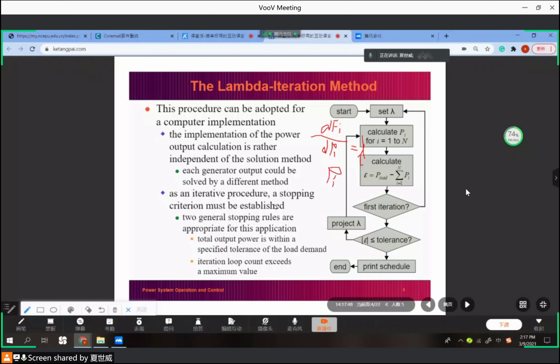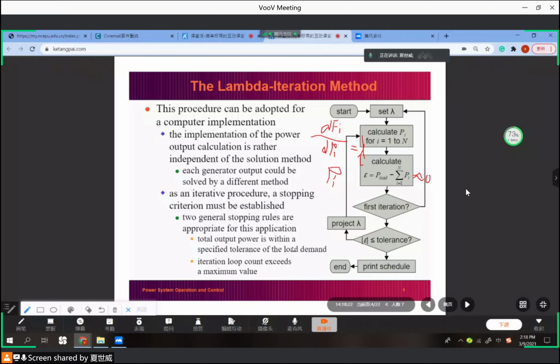Okay. As an iterative procedure, a stopping criterion must be set up. That means this is a loop. You should set up criteria to stop the program. There are two criteria to stop this program. First is that the total power output is very similar to the total load. That means this error is very near zero, so the total generation is near the total load.